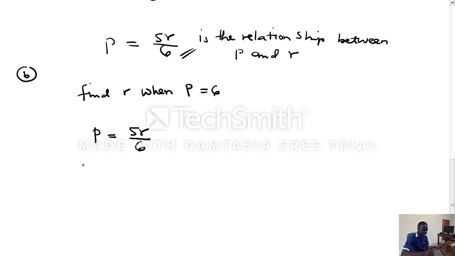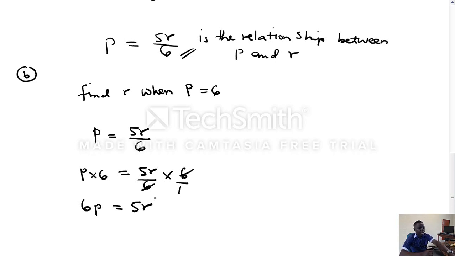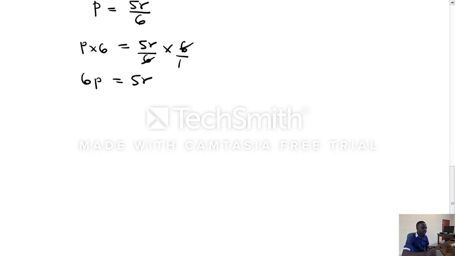So I'm going to multiply both sides by 6, and that will be p times 6 will be equal to 5r over 6 times 6 over 1. 6 will cancel 6, and this will give us 6p is equal to 5r. Next is to divide both sides by 5.